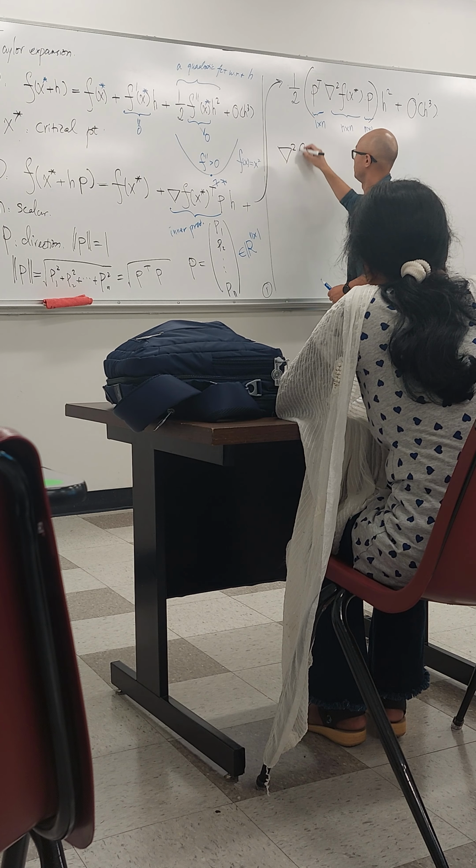If we think about P1, P2 as x and y, this is nothing but A11 x squared plus 2 A12 xy plus A22 y squared.